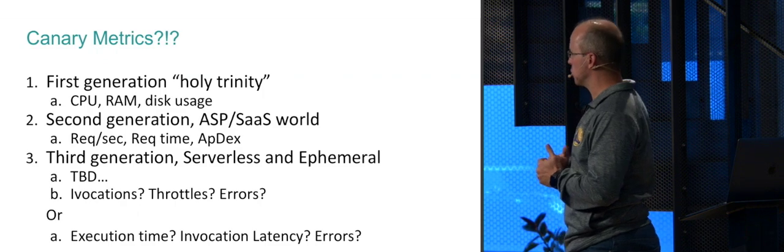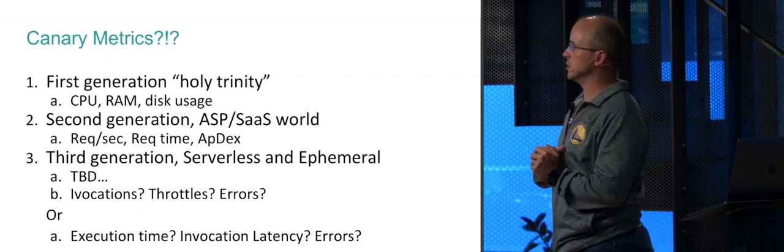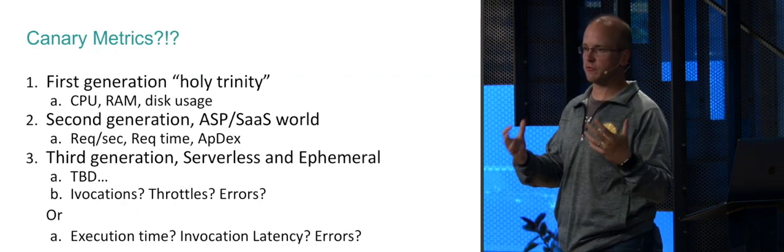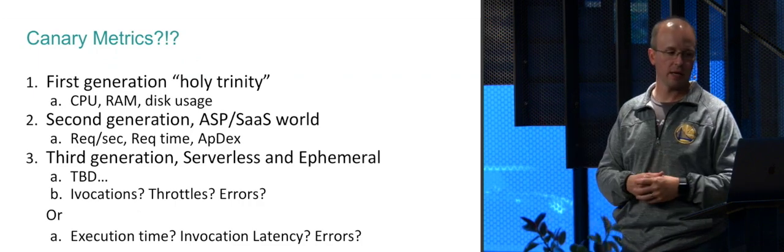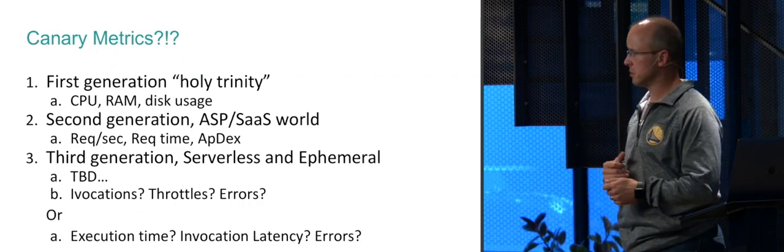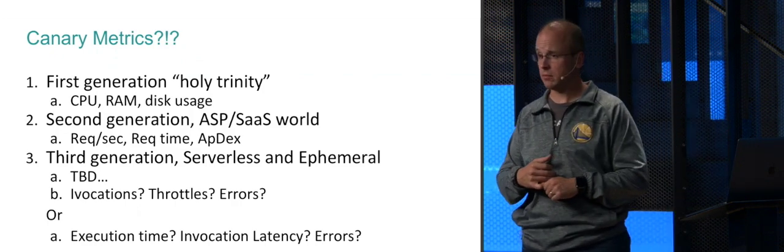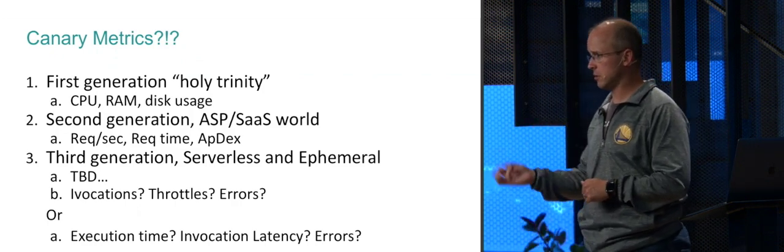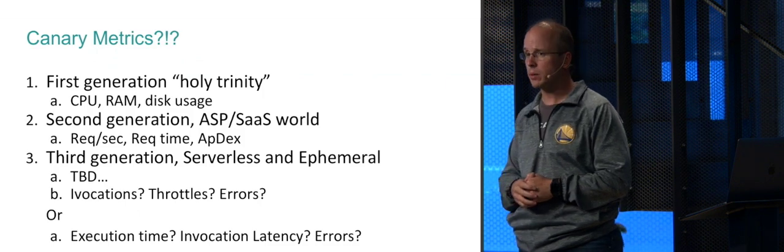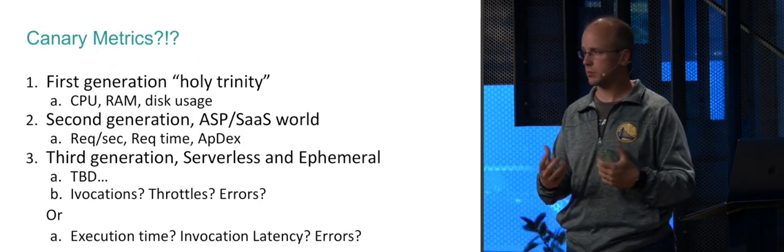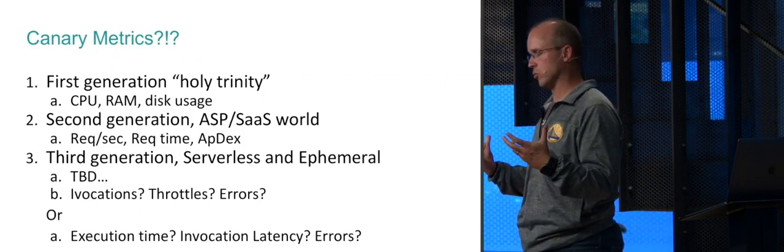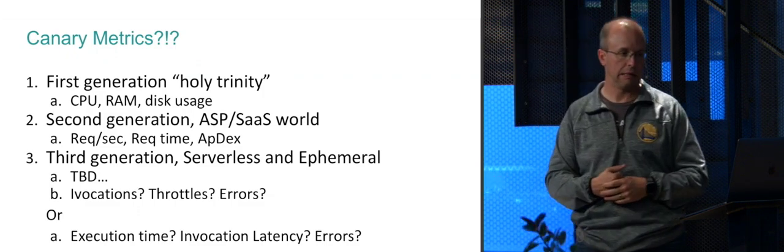That's probably my first one. If I was finding bugs that were not shown in that, I'd look at my execution times in each of those. That's probably a pretty good one. Then the latency on getting that serverless container spun up. And again, errors. Errors are a great canary coming through.